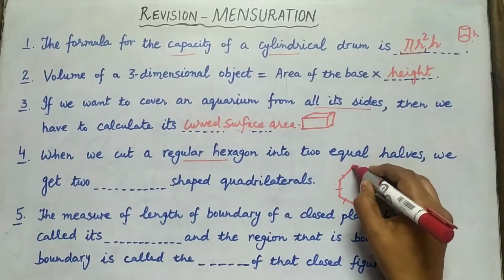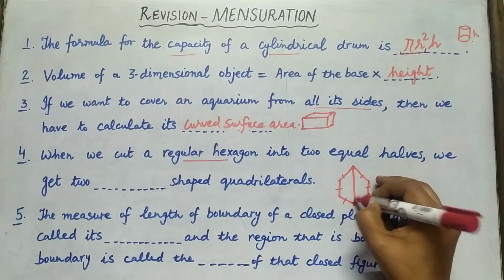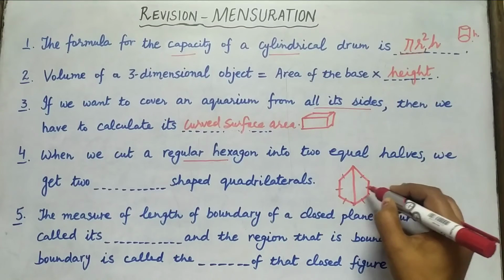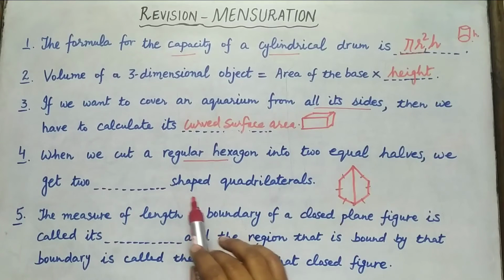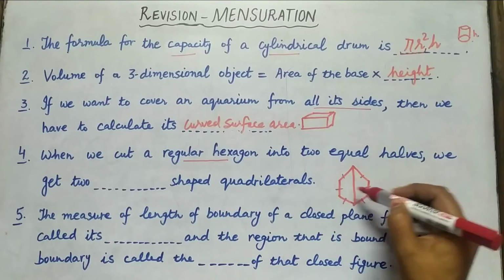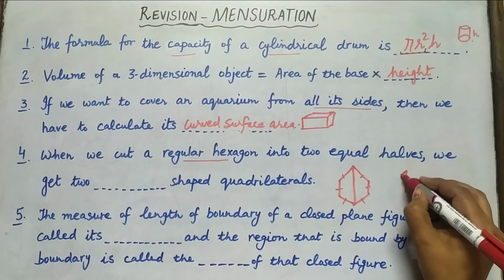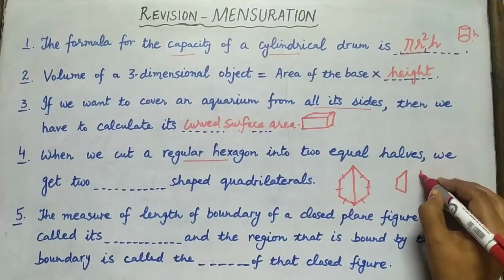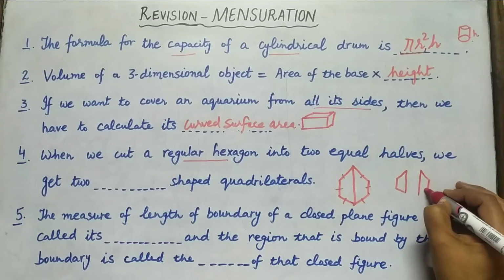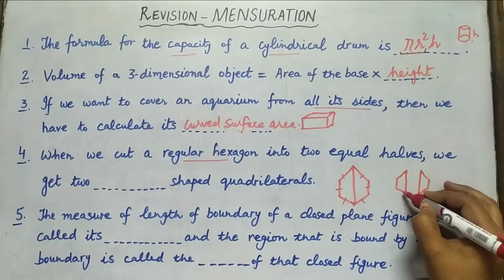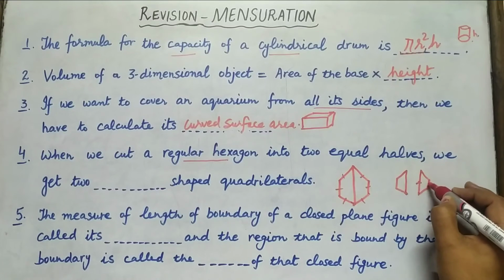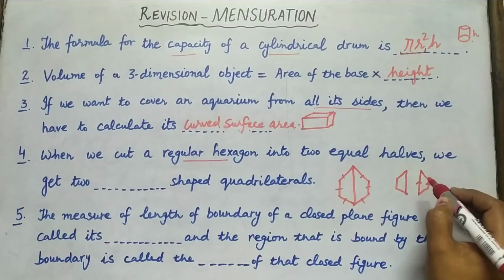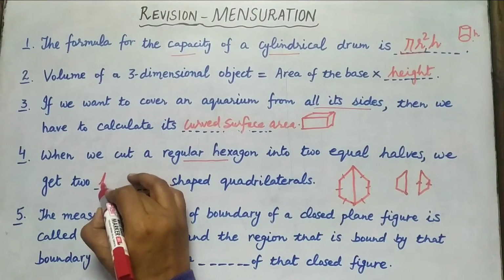We are cutting it like this. Now it is in two halves. We get two dash-shaped quadrilaterals. Let us draw these shapes. The first shape is like this and the second one is here like this. What is this shape? Right, we have studied that when two opposite sides are parallel, the shape formed is a trapezium.